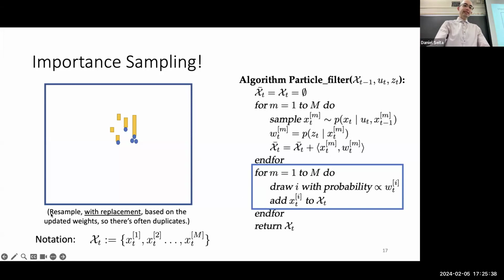So resample with replacement based on the updated weight. You have 5 things that we could get, and because this item could have higher weight, this is the hypothesis that we might sample more often.